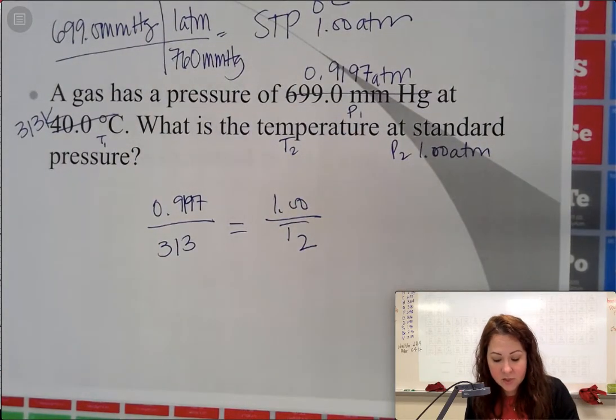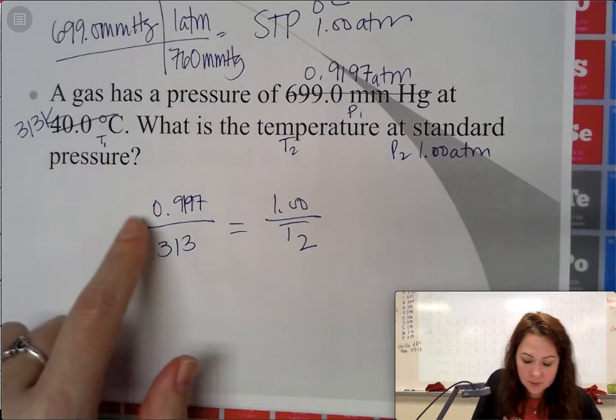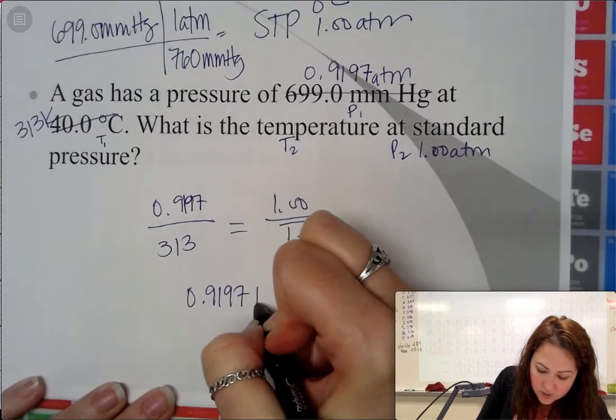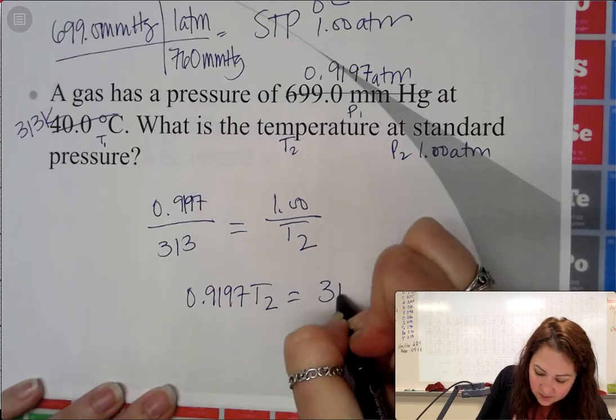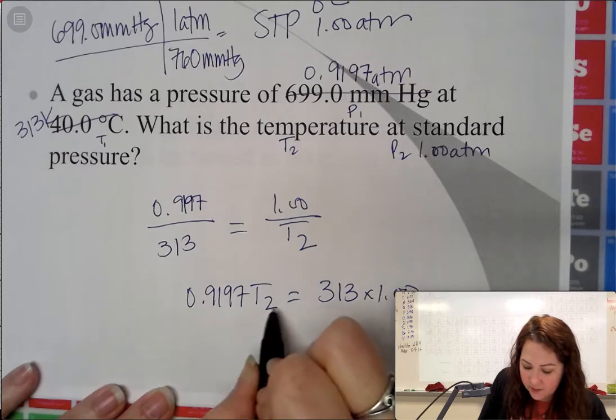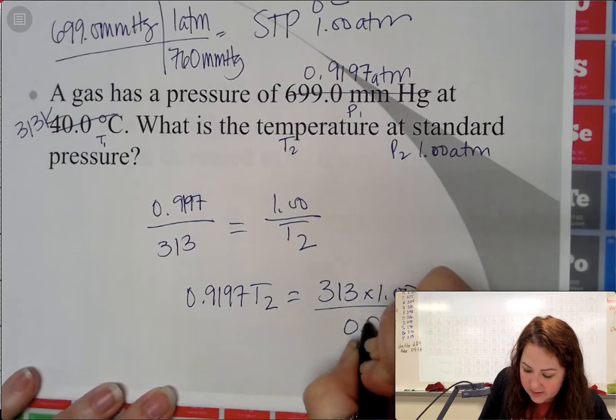To get the T2 all by itself, we're going to have to start by cross multiplying. 0.9197 times T2 is equal to 313 times 1, which is just 313. To get T2 all by itself, we have to divide by 0.9197.